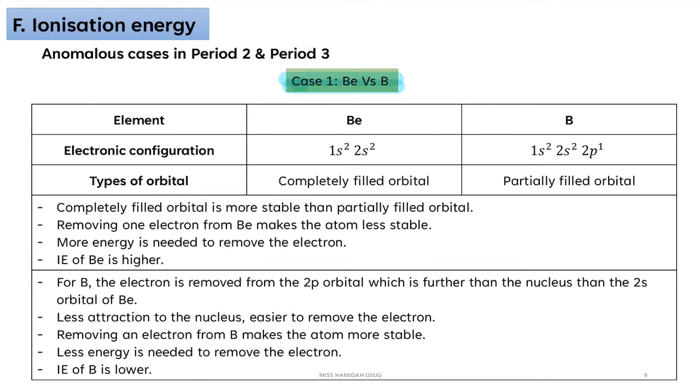To explain this case, you can choose either to explain why the ionization energy of beryllium is higher, or you can explain why the boron ionization energy is lower. It's up to you. Tapi untuk case ini saya akan explain kedua-dualah, kenapa beryllium tinggi dan kenapa boron rendah.